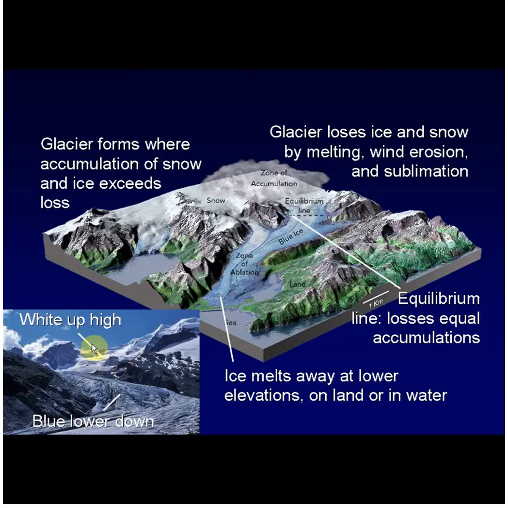So the zone of accumulation is white, and the zone of ablation where we're losing mass is blue. And so we can actually eye in here pretty much where the equilibrium line, where these two are at balance, somewhere in the middle of this glacier here.